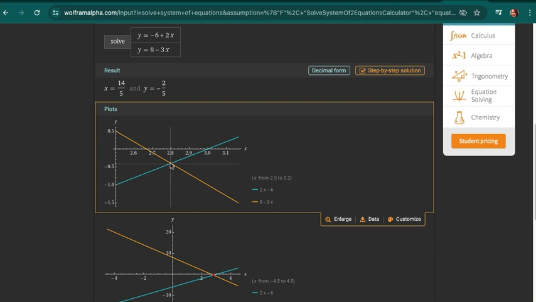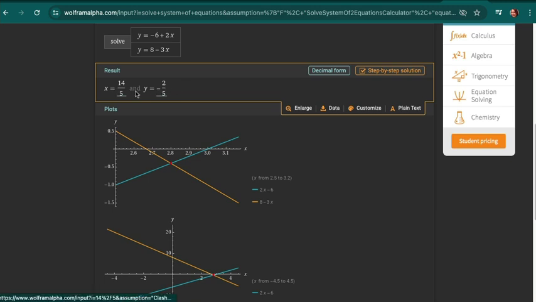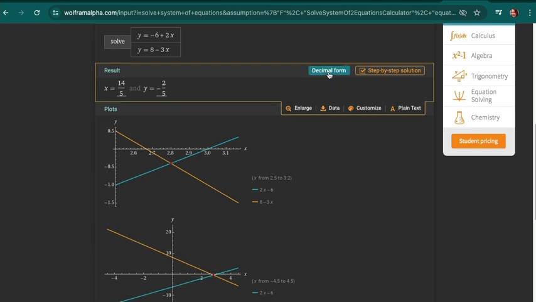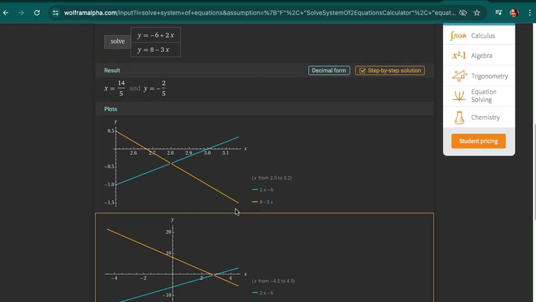So you can express it as a decimal, or you can express it as a fraction. I can click on decimal form, and it will give it to us in decimal form, or it will give it to us in fraction form. So you can go back and forth between those. And I could take a screenshot of this plot if I wanted to show a graph of it, okay?